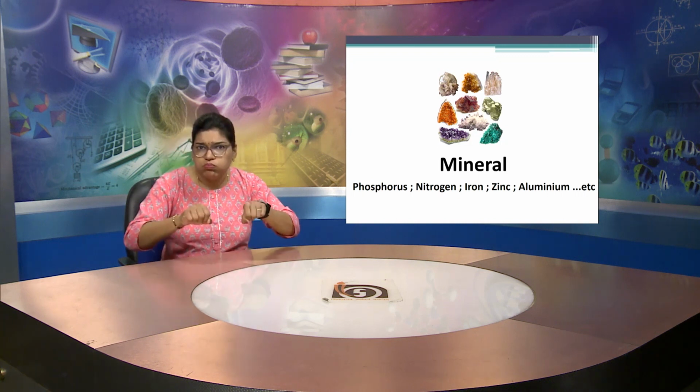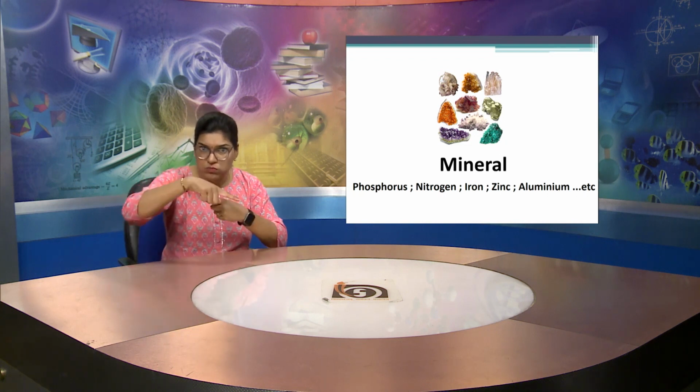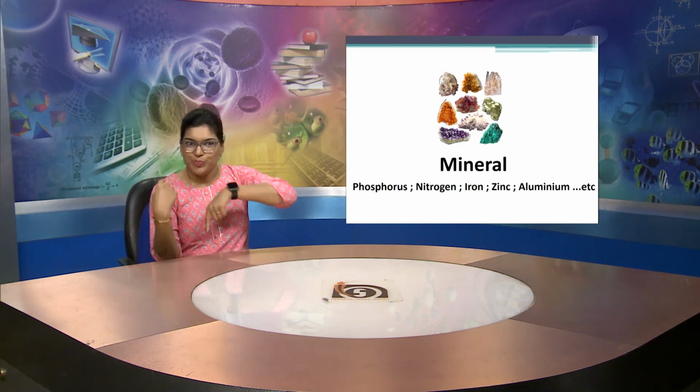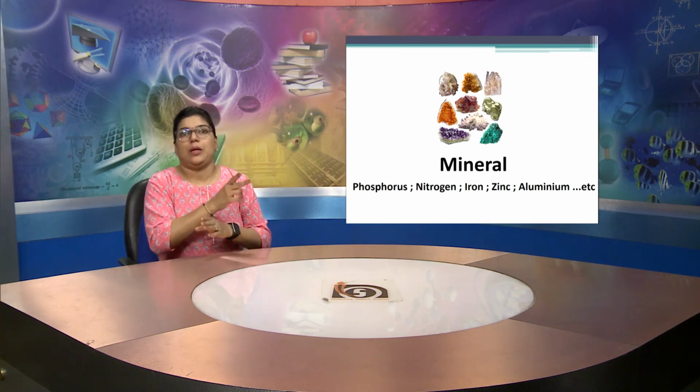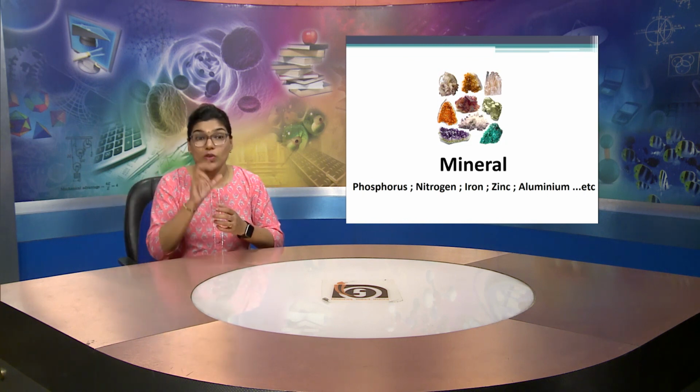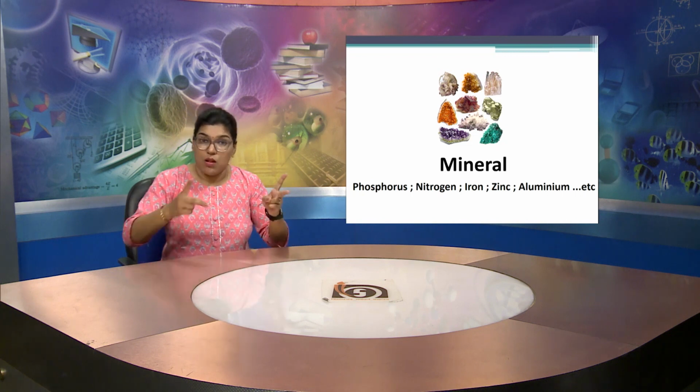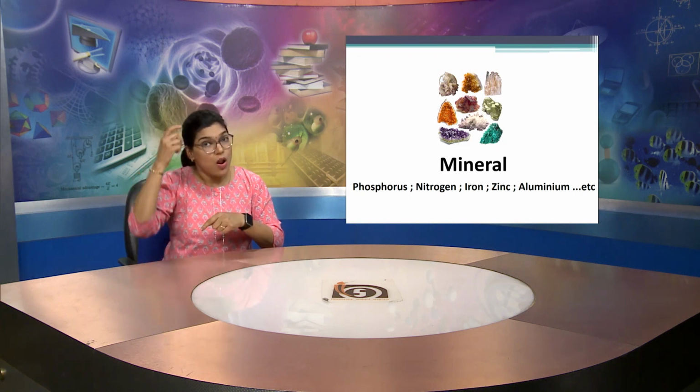Different ornaments are also made using minerals, like electronic items which we use at our home. In those items also we use many minerals. So minerals are used in many ways.